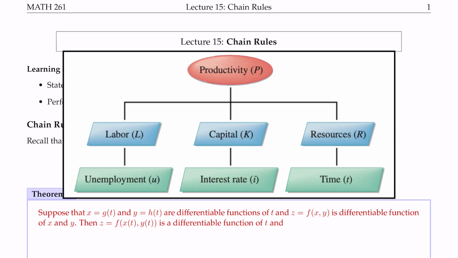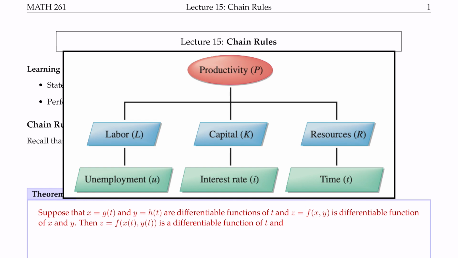Economists modeling manufacturing systems often work with production functions that relate the productivity or the output of the system to all the variables on which it depends, which is the input. A simplified production function might take the form P equal to f of L, K, and R, where L represents the availability of labor, K is the capital, and R is the natural resources.